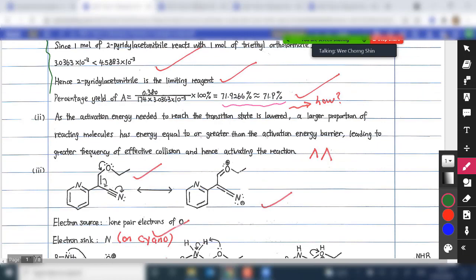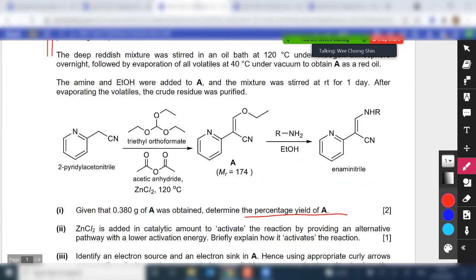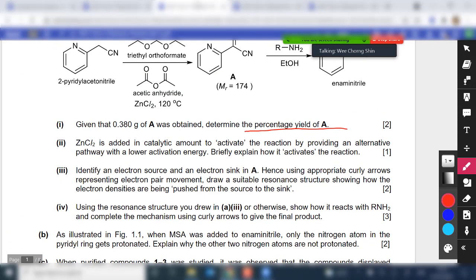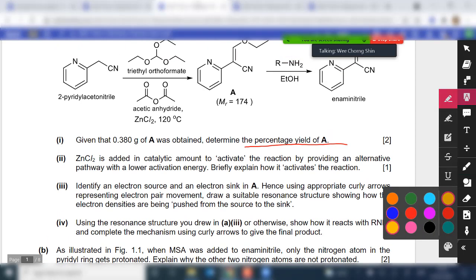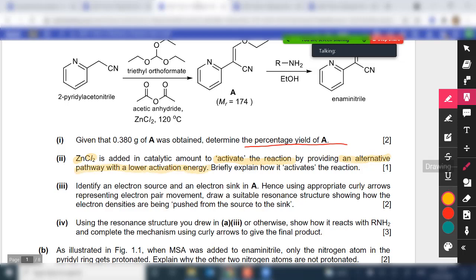If you look at the next part, this is the slightly more difficult part. I remember marking it last year and a lot of people didn't answer it well. They said that the zinc chloride is added to activate the reaction by providing an alternative pathway with a lower activation energy.